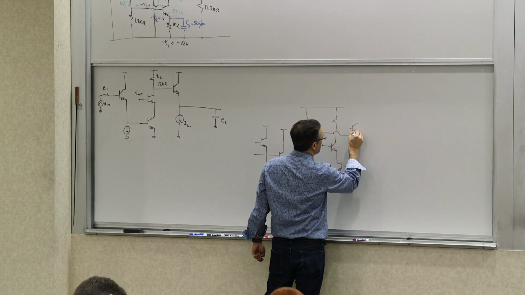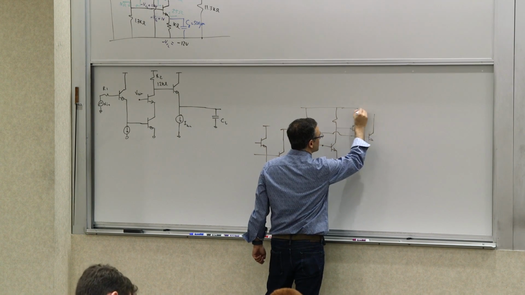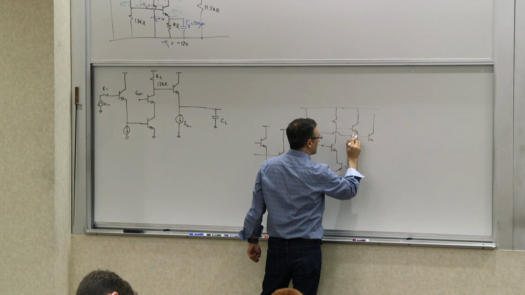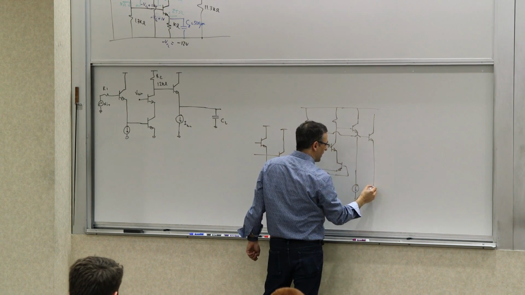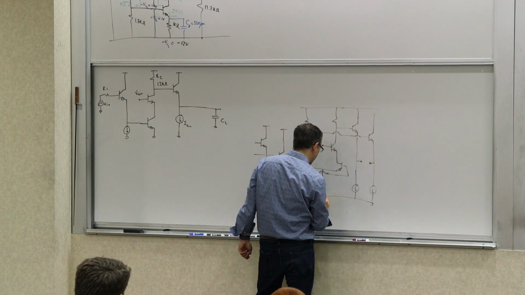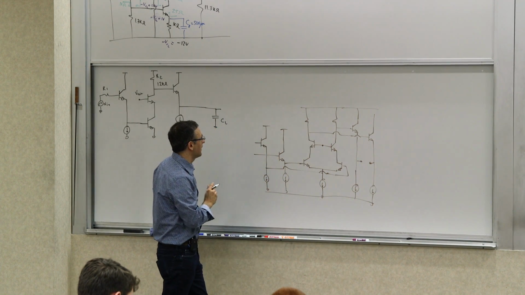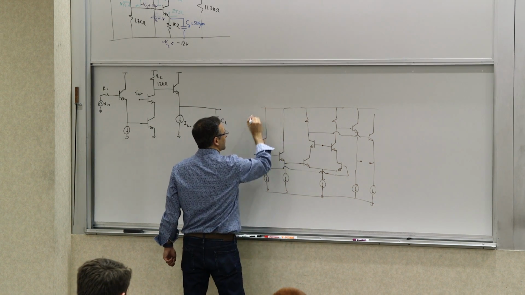Then you go to another buffer, which is also differential, so it's doubled. And then there's a current source here and a current source here, and this is your differential output. This is one rendition, if you will, of an integrated circuit version of this thing.